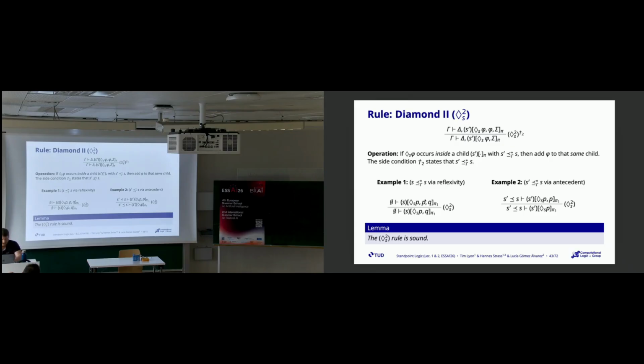Okay? So here's an application of the rule. I have diamond SP occurring inside of an S nesting, and I have a P occurring as well. Since this antecedent relation is reflexive, as we discussed previously, I can delete this P top-down in a rule application. Here's another example.